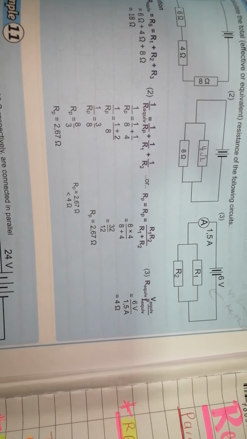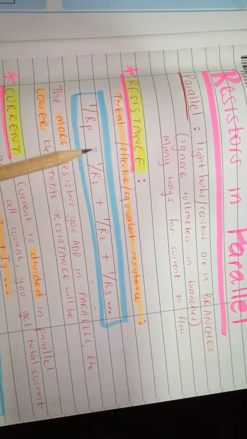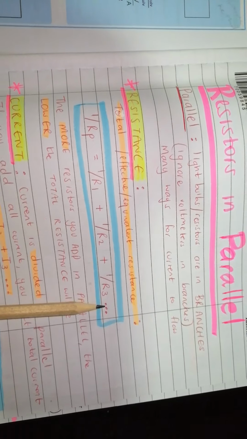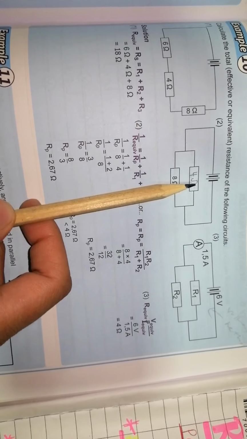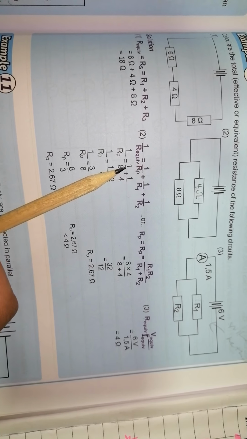Now there are many ways that you can work out resistance in a parallel circuit, but I want you to only use one way because that way works for every situation, so you don't have to get confused. And that is this formula, 1 over Rp equals 1 over R1 plus 1 over R2, etc. Okay, so what we're going to do is put the formula, and here we only have 2 resistors, so it's going to be 1 over Rp equals 1 over R1.